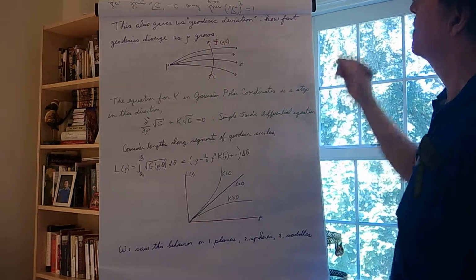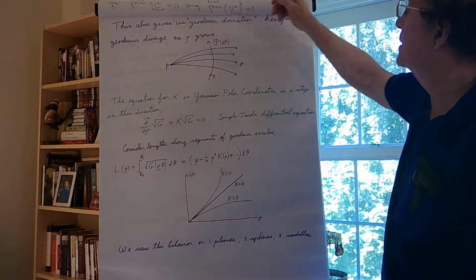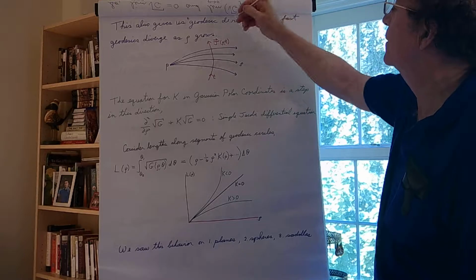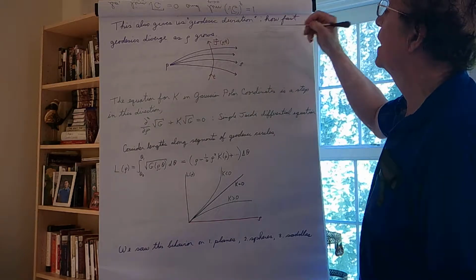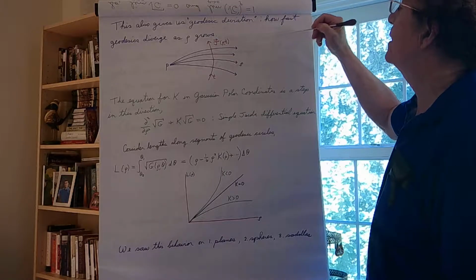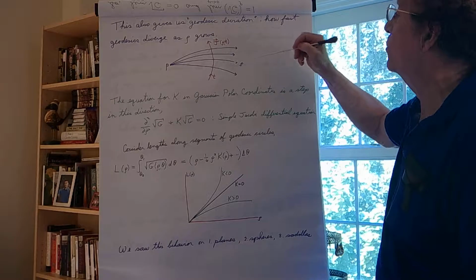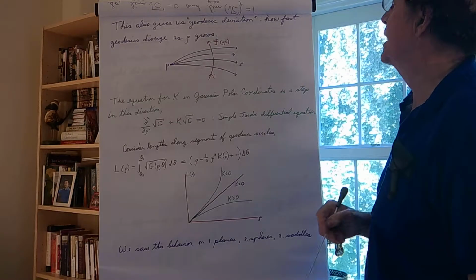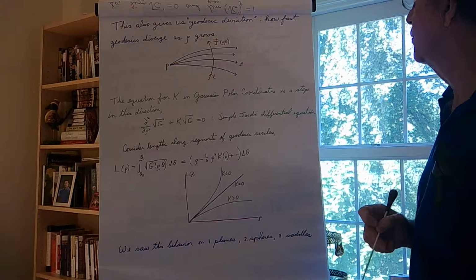Okay, here I've shown the geodesics in my Gaussian polar coordinate system, and then I've indicated a direction perpendicular to them, and I've indicated a field, J, which indicates the rate at which these geodesics deviate from one another, and I call it J for Jacobi.